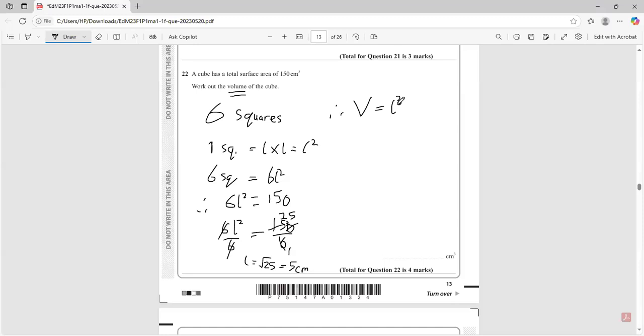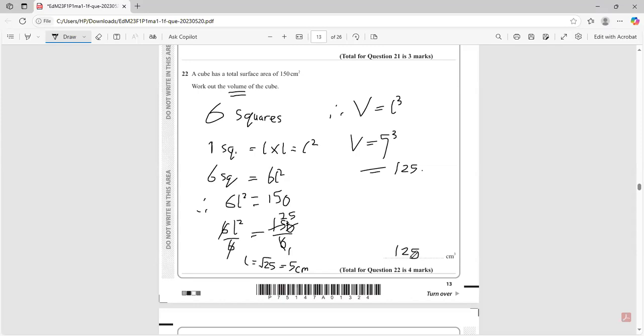So when you multiply L by L by L, it's L cubed. So V will be equal to 5 raised to power 3, which is 5 times 5 times 5, which is 125. Don't forget the unit: 125 cm cubed, or cubic centimeters.